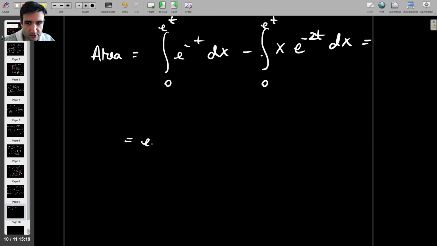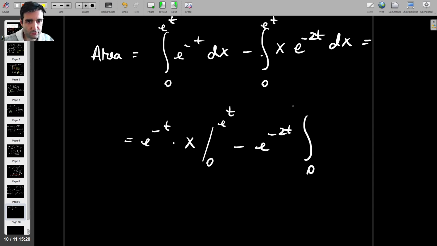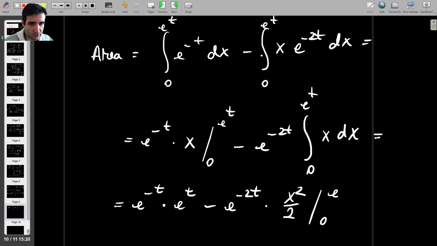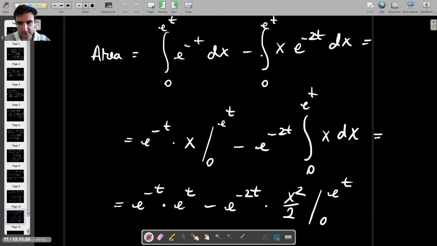Now the first integral is pretty simple. We take the constant out, and then we have x with limits from 0 to e to the t. For the second, we take e to the minus 2t outside, and we end up with the integral from 0 to e to the t of x dx. So that is e to the minus t times e to the t, minus e to the minus 2t times x squared over 2, from 0 to e to the power t. Let's finish this up.